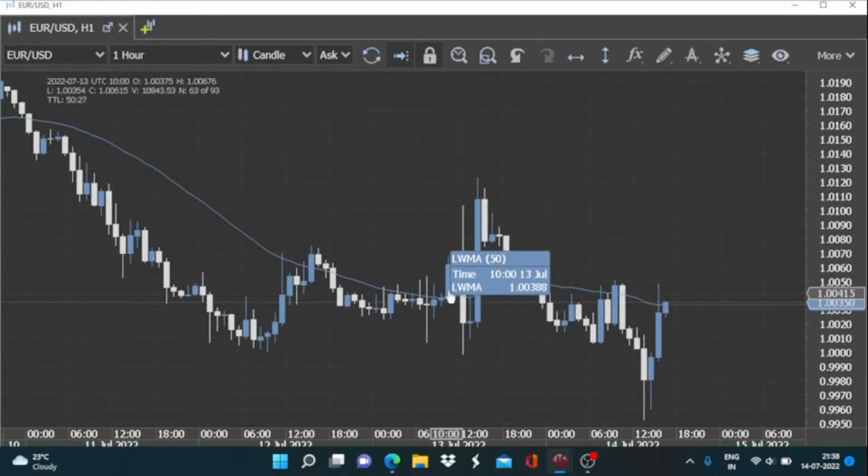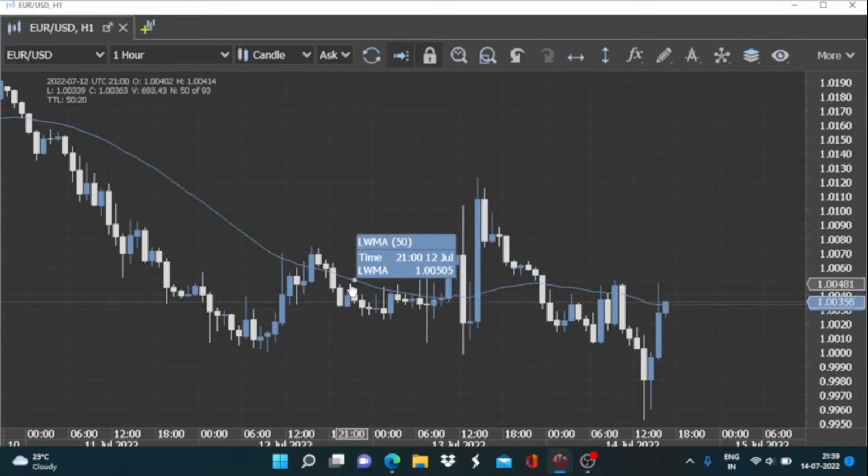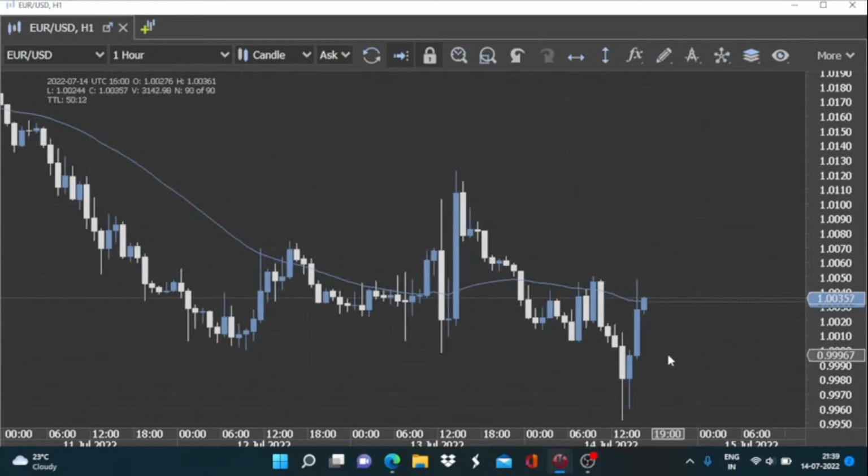Rather, it is this narrow range of 100 to 150 pips in which the Euro USD's price action is unfolding, and here we are seeing sharp moves happening on both sides of this price formation. In such circumstances, we will see the LWMA being almost flat, as we have here.